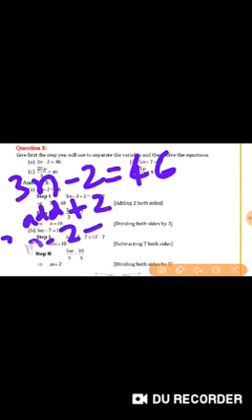So first question, I'll choose this equation: 3n minus 2 is equal to 46. Here subtraction with the multiplication is there with the n. So first we should not remove the multiplication. First remove the addition and subtraction, then go for the multiplication and division. Since subtraction is there, add 2 on both the sides. So what it becomes? 3n minus 2 plus 2 is equal to 46 plus 2.